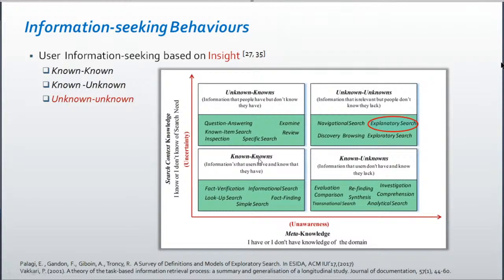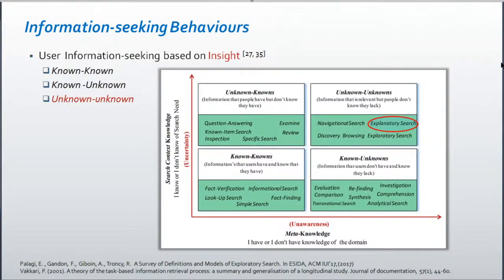Whatever fact searching we have performed in Google search is referred to as a lookup search. We can have fact verification, fact finding, simple search, information search, or informational search.